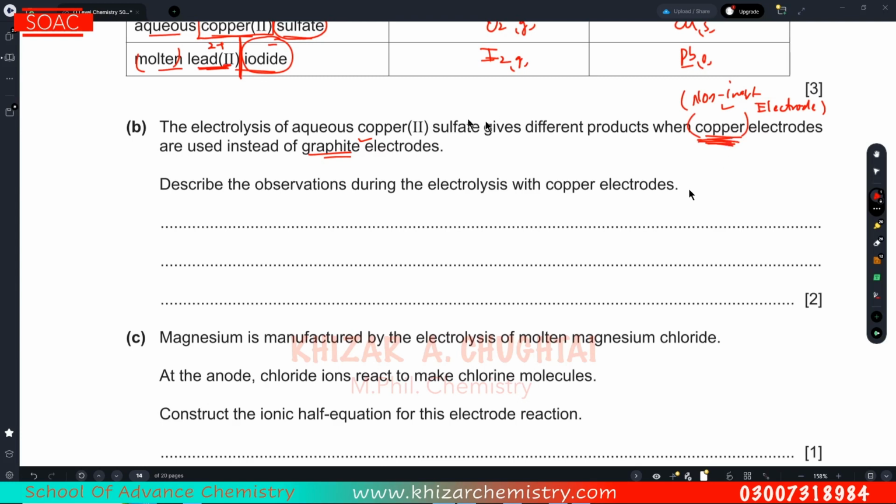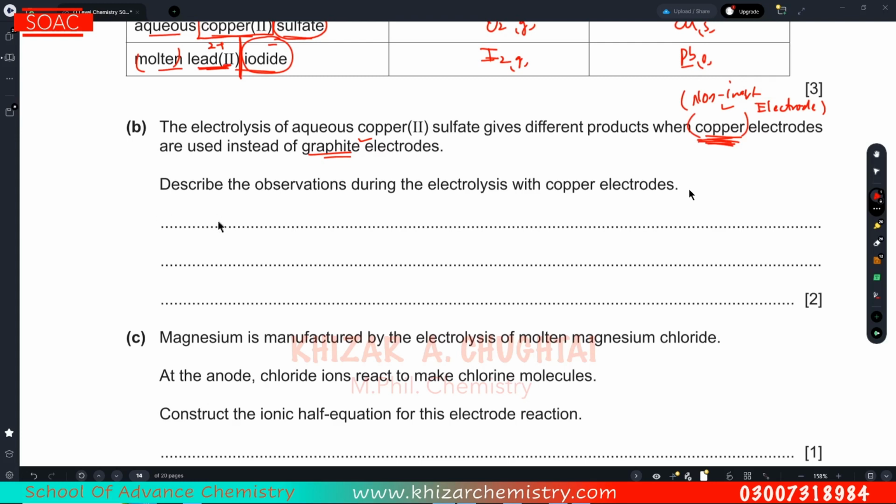In this case, the anode will be dissolved. The electrolyte's composition will remain the same. These are the 2 basic main reasons. Cathode is going to have copper, which is a pinkish brown solid.